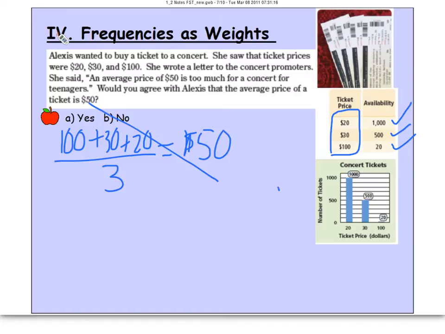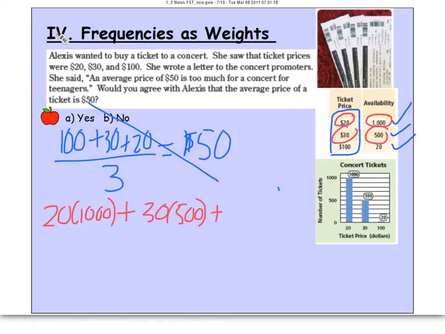What you have to do is say there were $20 tickets, there were 1,000 of them. Then the $30 tickets, there were 500. Then $100 tickets, there were 20 of them. So we're trying to get the cost per ticket. So this here is going to be the total cost.